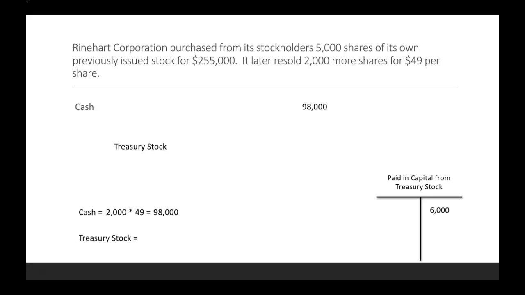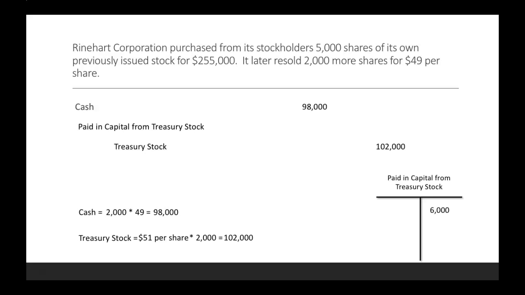Now treasury stock. Remember, we calculated that it was $51 per share. Here, we're selling 2,000 shares. So we need to credit our treasury stock $102,000. Now, we need to make our debits and credits equal again. But this time we need to add more on the debit side. So, we'll debit paid in capital from treasury stock. And we need 4,000 more on the debit side, right?